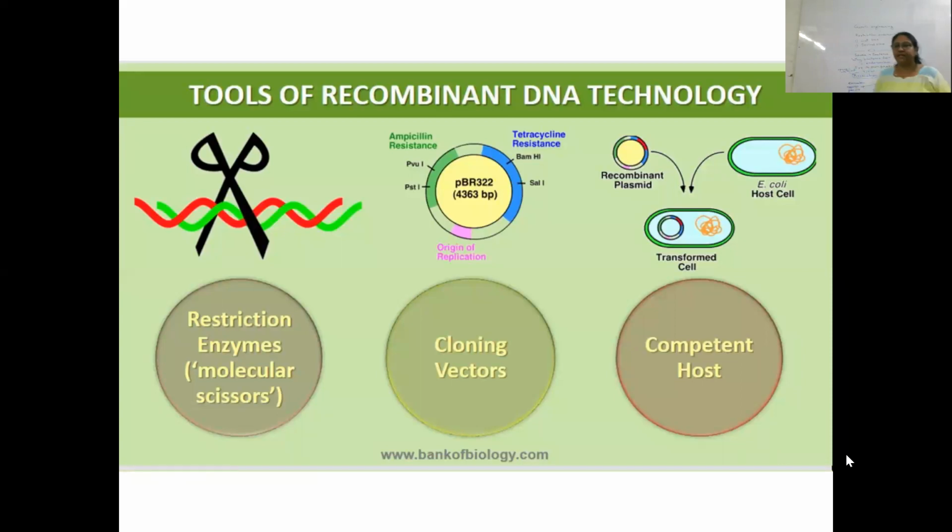So it is having that kind of specificity and I am calling it restriction endonuclease. Okay. So they are the molecular scissors with which we can cut the piece of DNA.